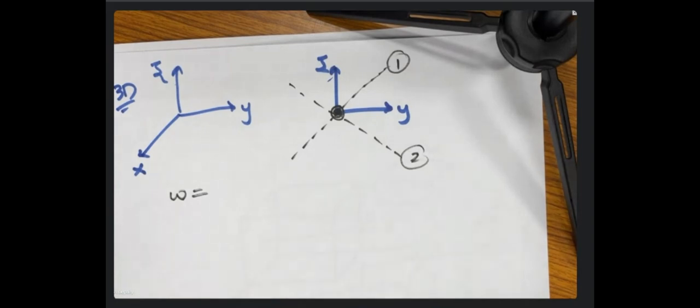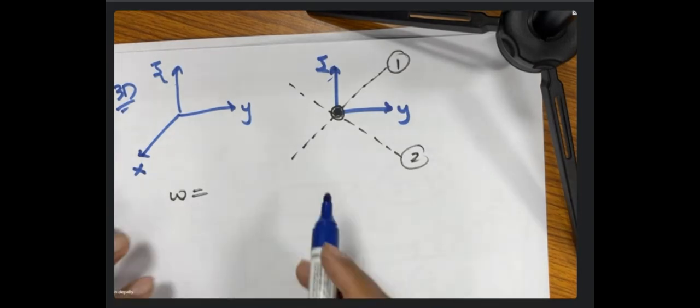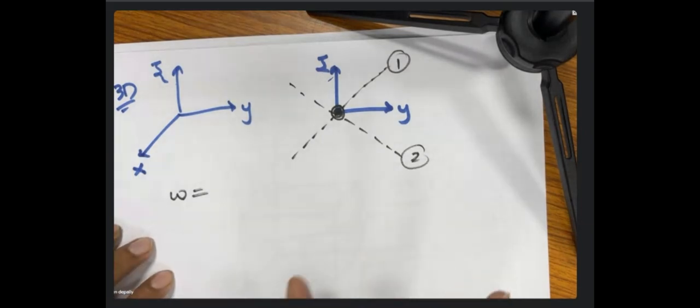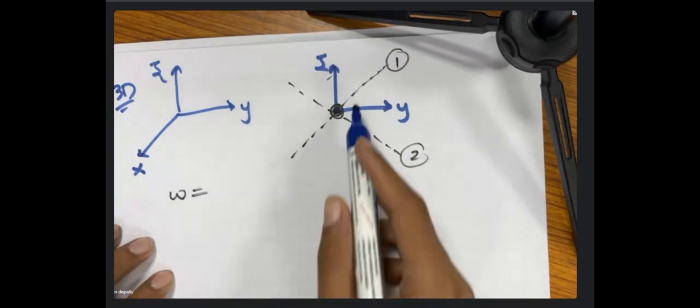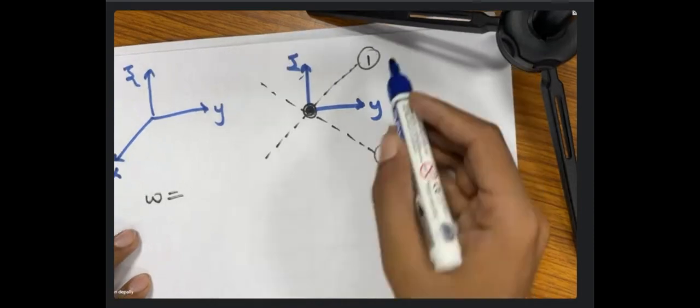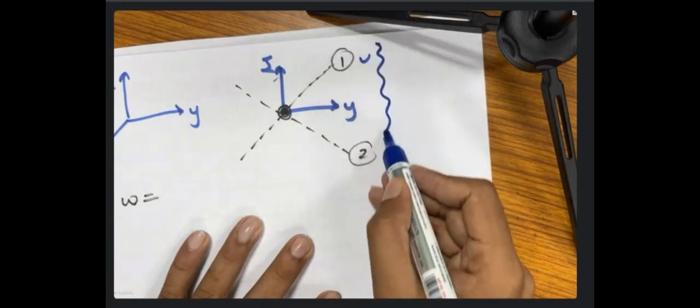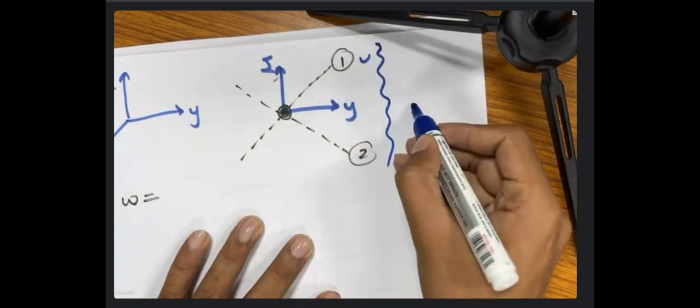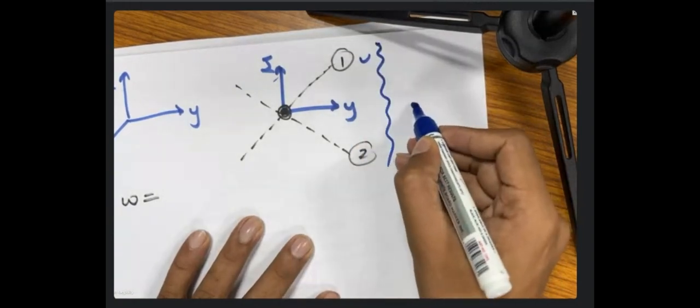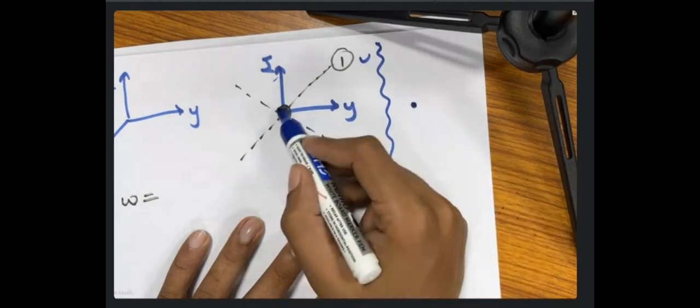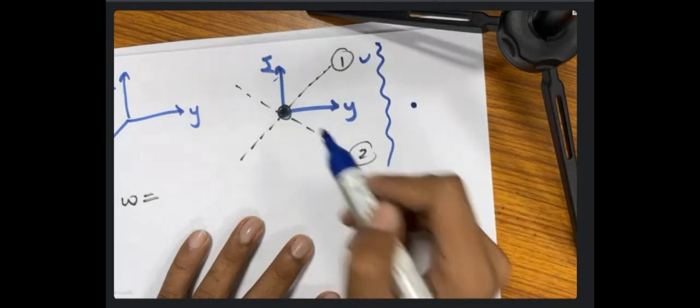So the initial axis, we need to draw the initial and we need to draw the final. So initial is like this. Let's talk about the plane 1, how it's going to change. The x-axis will remain at its own place because the reflection plane is containing this particular x-axis.